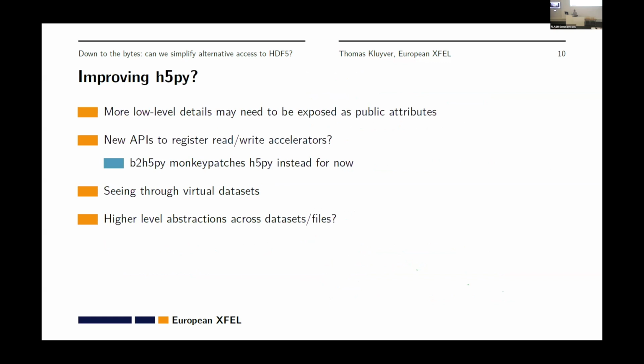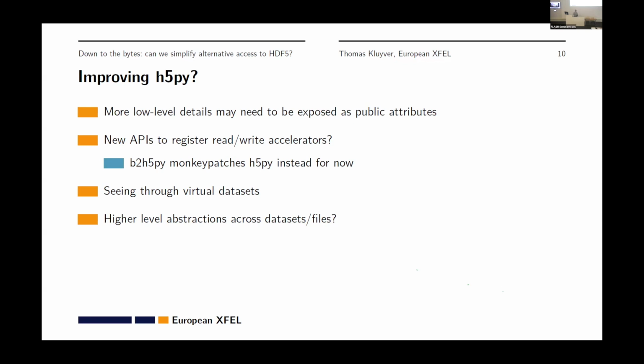I think there are some improvements to h5py that we could do to support this pattern. In particular, B2H5Py is relying on monkey patching h5py to hook in and get in between access. Maybe we should have an API to register these read accelerators.